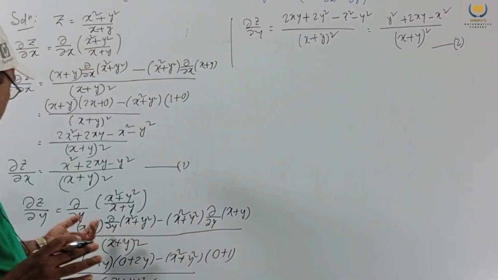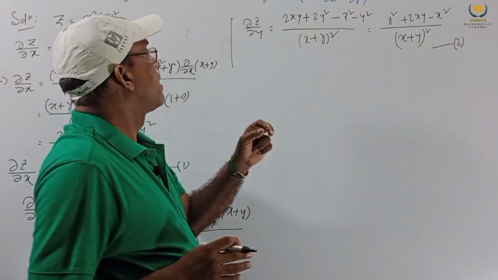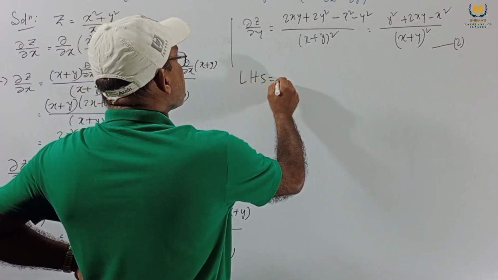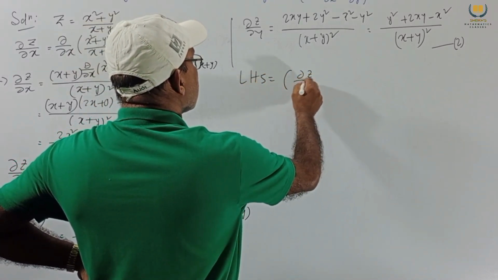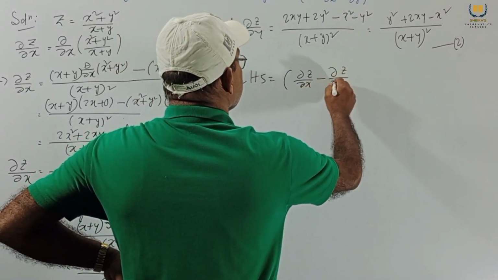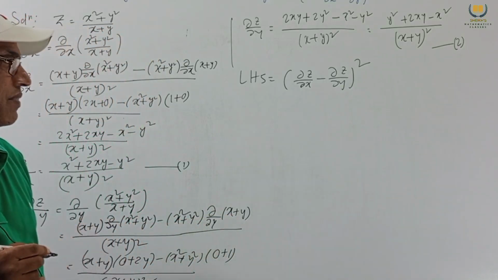So we get del z/del x is this and del z/del y is this. Now taking the left hand side. In our left hand side we get (del z/del x minus del z/del y) whole square. This is our left hand side.